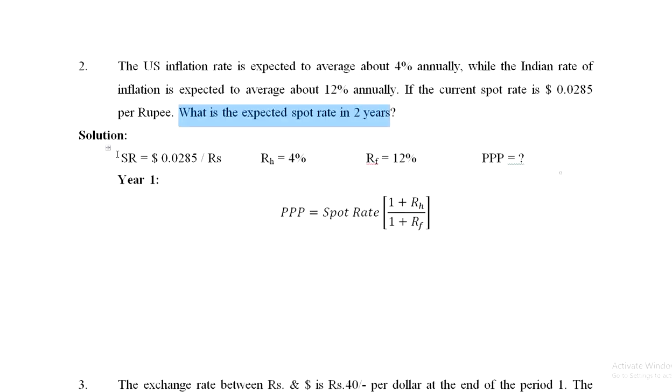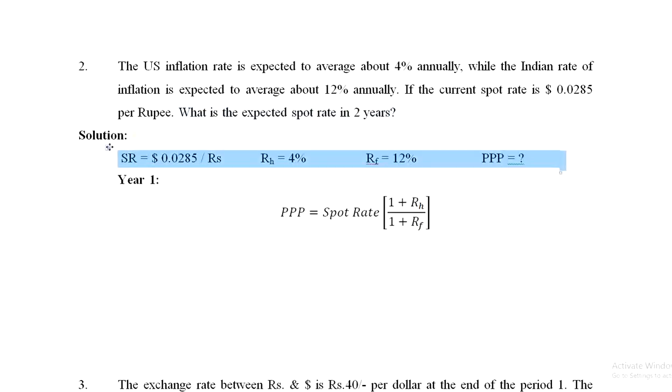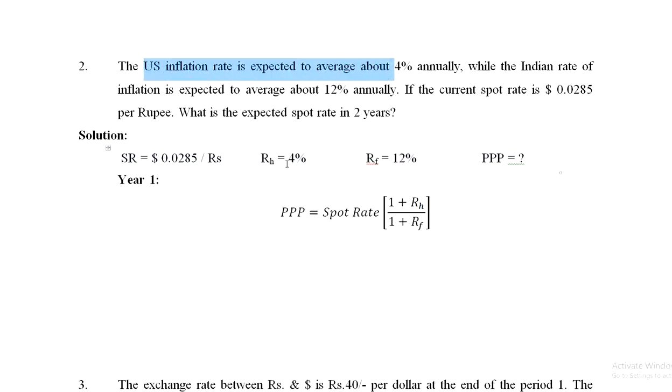So I have already taken the information which is given. Spot rate is 0.0285 per rupee, and the rate of interest in the home country, which one? It is the dollar, which means to say that in the US it is 4%. So it is 4% home country. Host country is 12%, and we have to find the purchasing power.